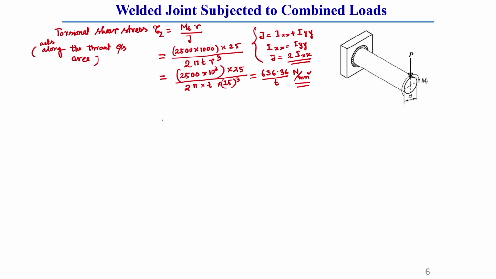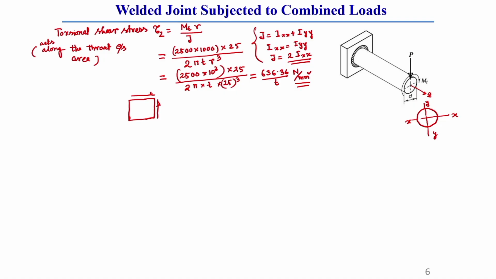So, here the state of stress, how will it look? Let this be our z axis, the horizontal axis be the x axis, and the vertical axis be the y axis. Here, the state of stress will have two components of shear stress, which act along the throat cross sectional area and are shearing in nature.